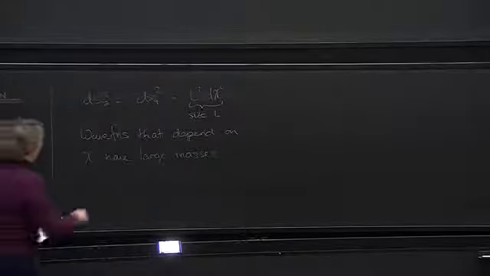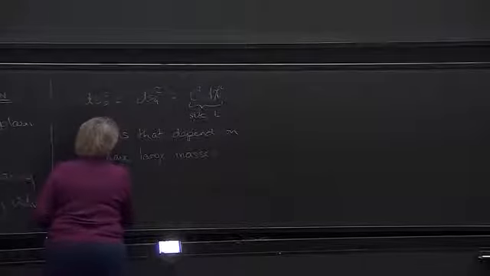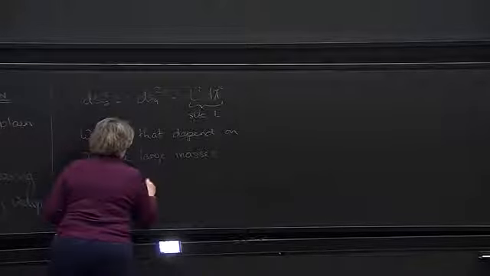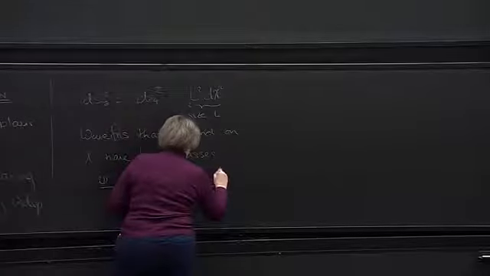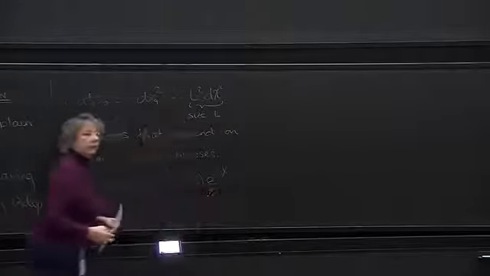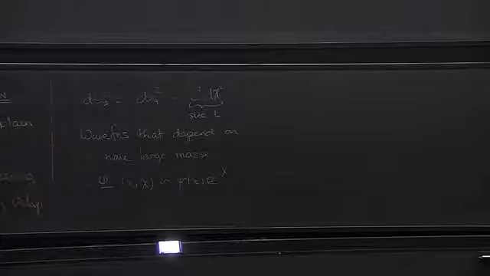Well, you'd have to have a factor that looks like e to the i n chi, if chi has periodicity 2 pi. So that's now a single-valued wave function.